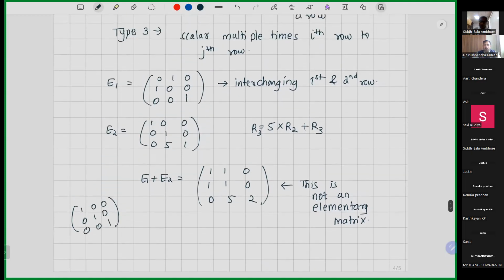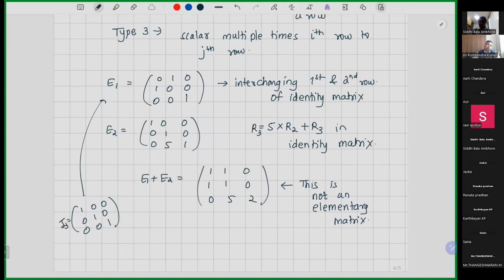So when I apply only one operation, interchanging the ith and jth rows of the identity matrix, let me write the identity matrix. When I interchange these two rows, I get this. Only one operation applied to identity matrix I3.